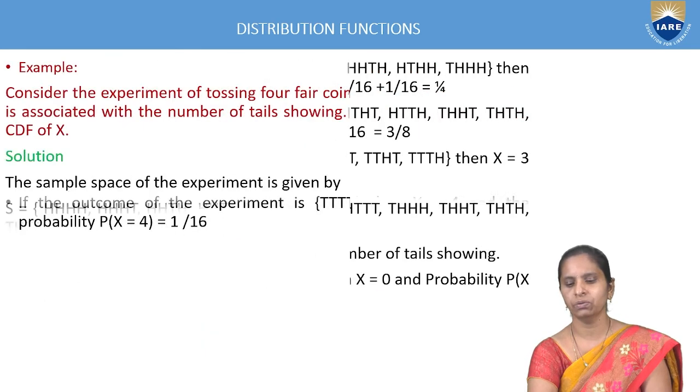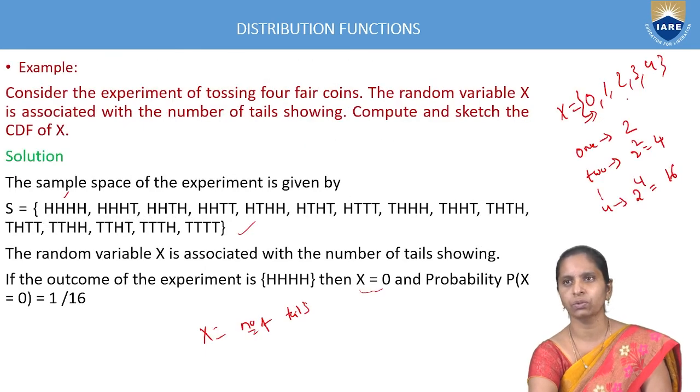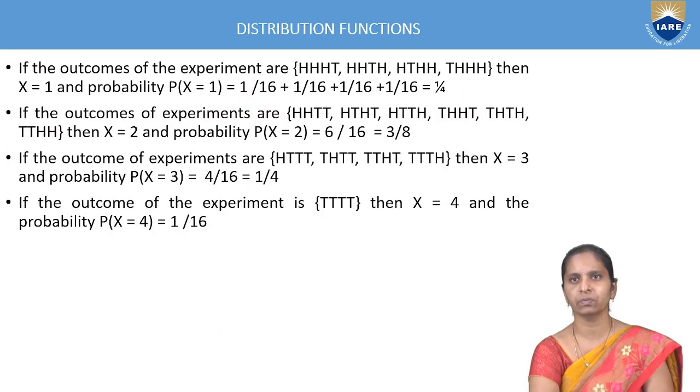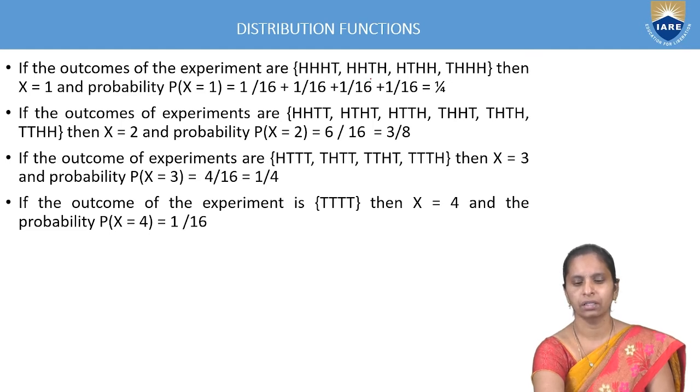And the x value is taken from 0, 1, 2, 3, 4. Let us see for what possibilities I am getting x equals to 1. When I get x equals to 1, the first 3 coins are heads and the fourth coin is tail. Or the first 2 coins are heads and only the third coin is tail. And the third possibility is second coin tail, and the fourth possibility is first coin tail.